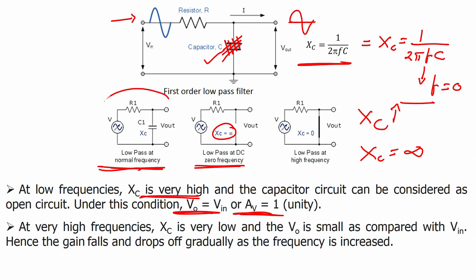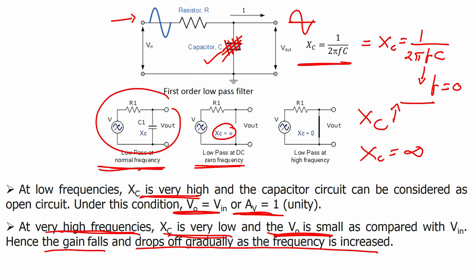You can see in this particular condition low pass from 0 to a certain frequency, that is our FC, it will pass the frequencies. At very high frequencies, Xc is very low and VO is small compared with V in, hence the gain falls and drops off gradually as the frequency is increased. That means if I keep on increasing the frequency, my Xc will keep on decreasing, and it is considered as shorted.